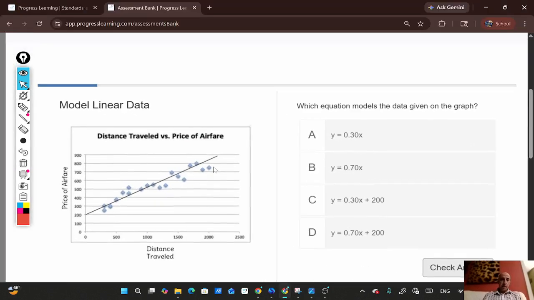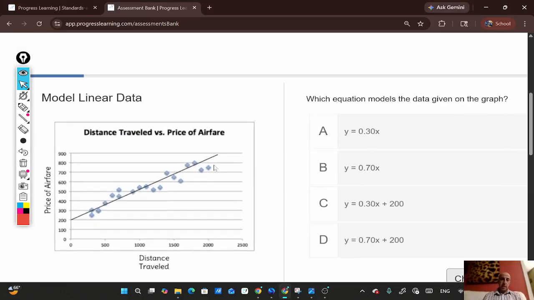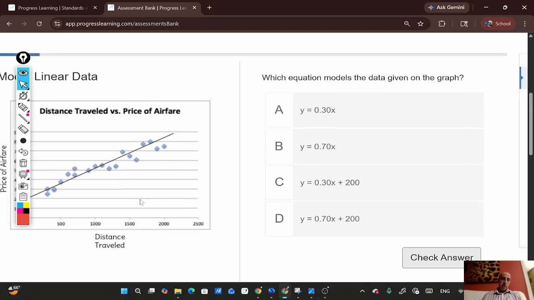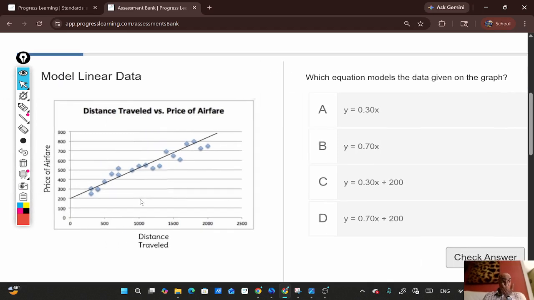In this example, as you see, the question is which equation models the data given on the graph. So we have A, B, C, D, and because this graph is a linear regression, so it's a line, so we can use the slope intercept form, and the slope intercept form is as follows.